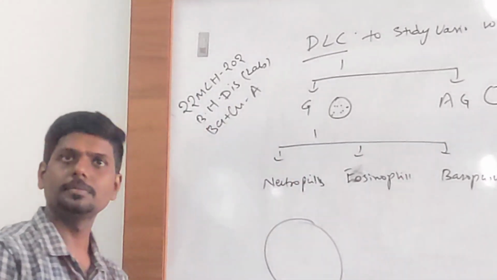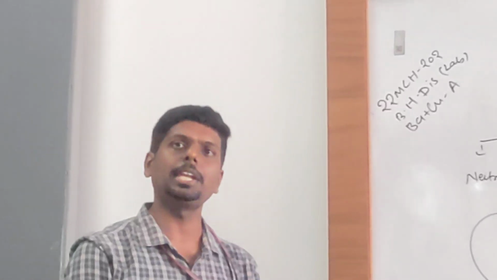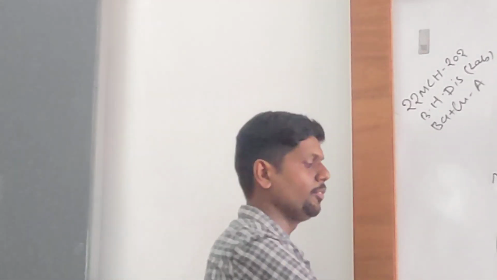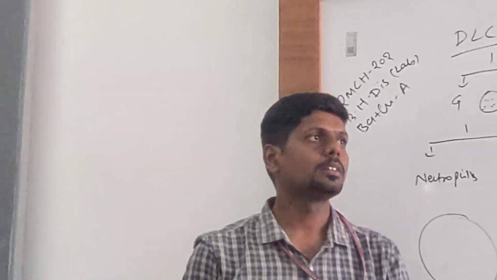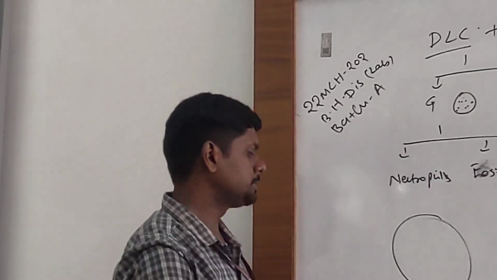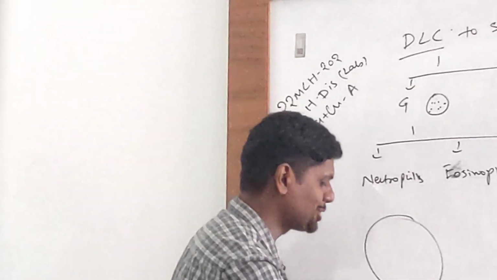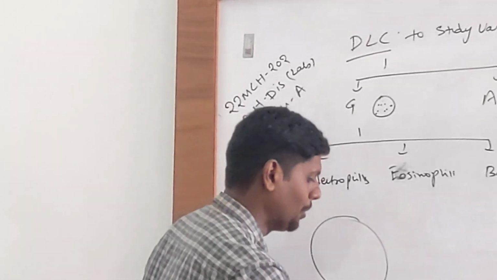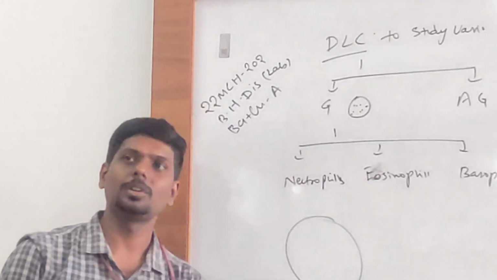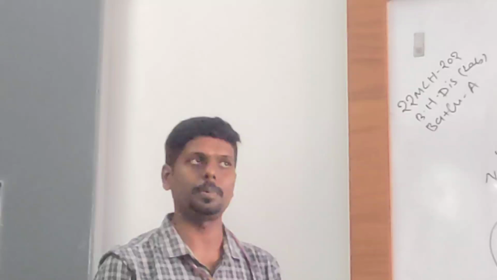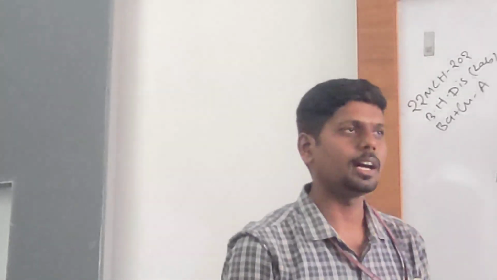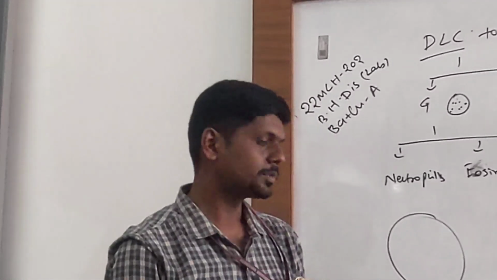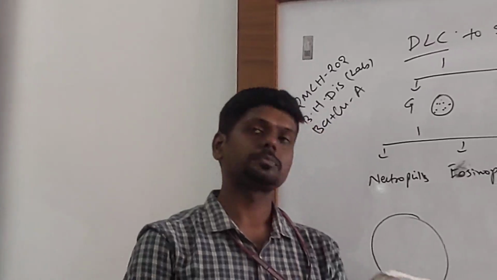Am I correct? This is the percentage of the various white blood cells. Sorry, 60 to 70, and 20 to 40, and 1 to 4%. Yes, 1 to 4, correct.